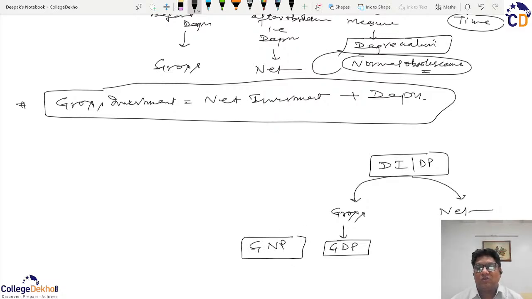And if we talk about the word net, then we can say net domestic product, or net national product. So normally whether domestic income and national income is a gross value or net value, that will be discussed in the next session when we will discuss the aggregates of the national income.